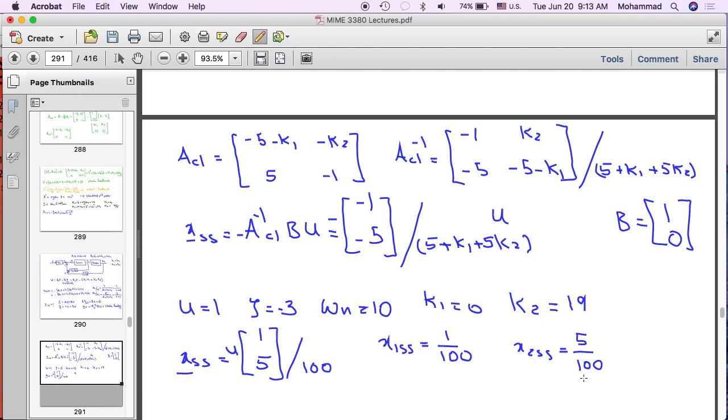It puts the eigenvalues of the closed loop system where we want them to be located, and it delivers the transient response associated with that. Where it lacks is the second function, which is to make sure the output of the system matches R.